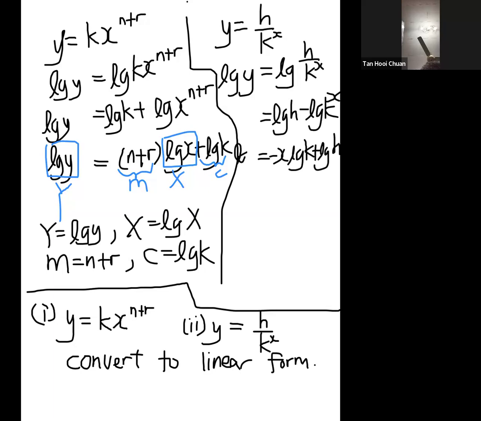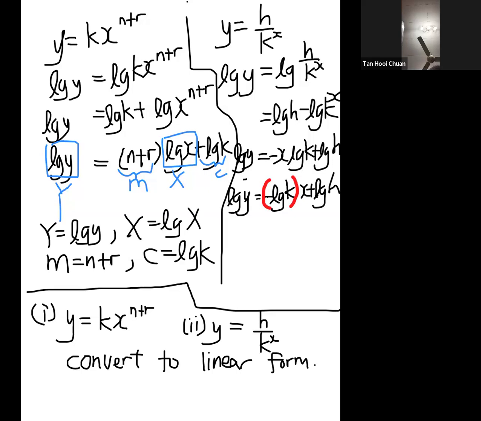Here's LGY. Okay, next step, LGY in front, then equal to minus the LGK. This minus LGK, you need to draw a bracket for it. Minus LG, and then X at the back, plus the LGH.